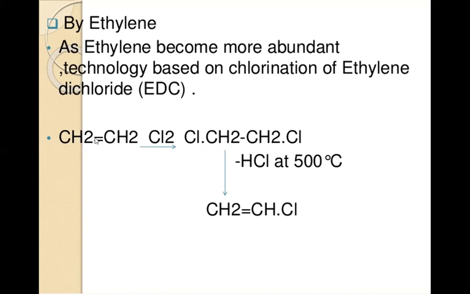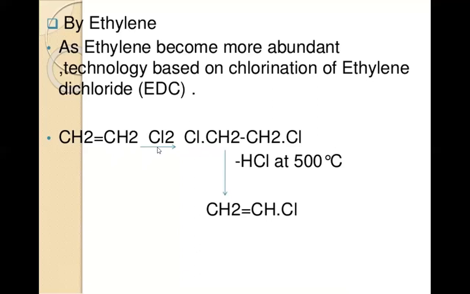If it undergoes homolytic fission, the two electrons present in the bond break equally, and one electron migrates to this carbon and one electron migrates to this carbon. And chlorine undergoes homolytic fission and forms free radicals.